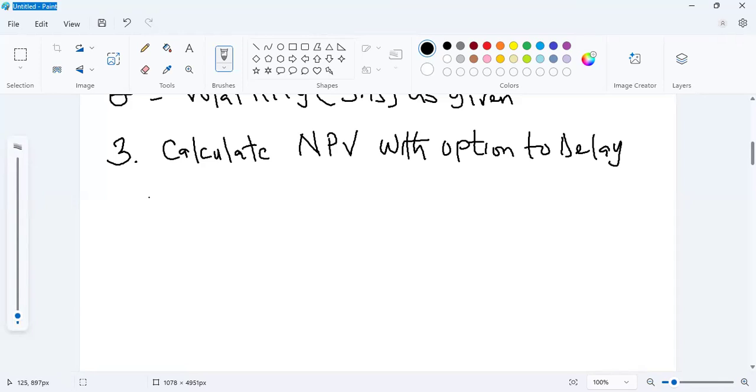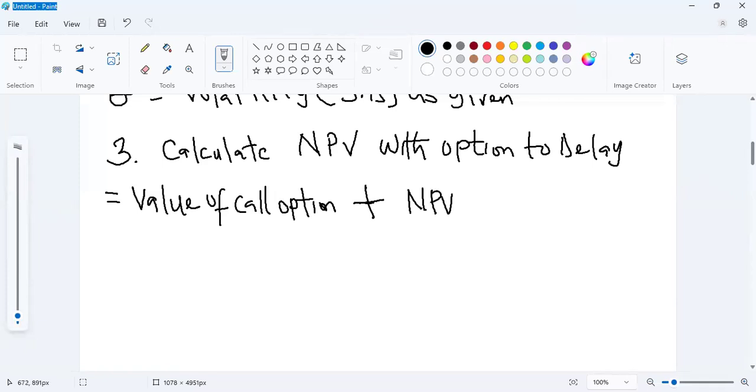NPV with option to delay is equal to value of call option plus NPV without option to delay.